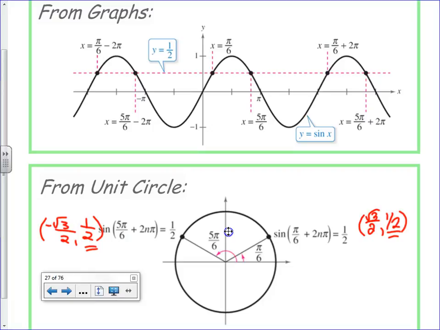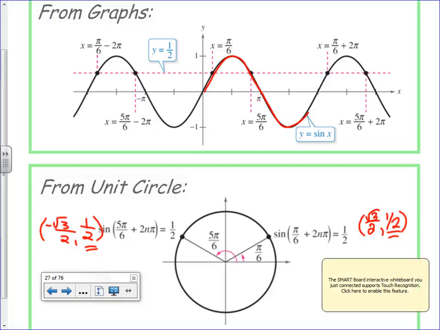Now, up here from the sinusoid, we know this is a sine curve because it starts in the middle, goes up, goes back down, ends at 2 pi, okay?